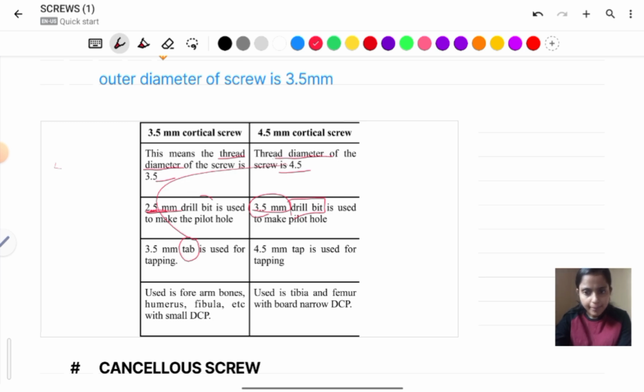Now for the tap, in the 3.5 mm cortical screw, the tap used is of the same size, 3.5 mm. And in the 4.5 mm cortical screw, the tap used is 4.5 mm.